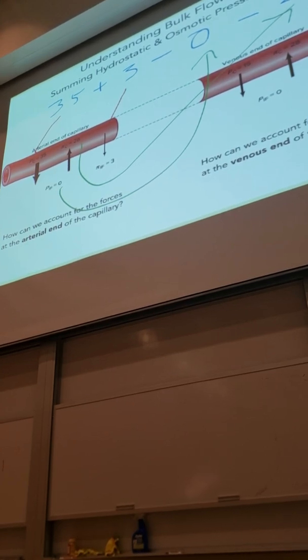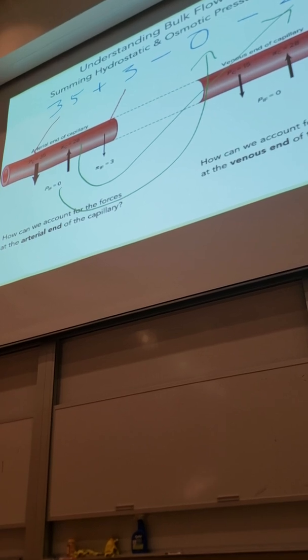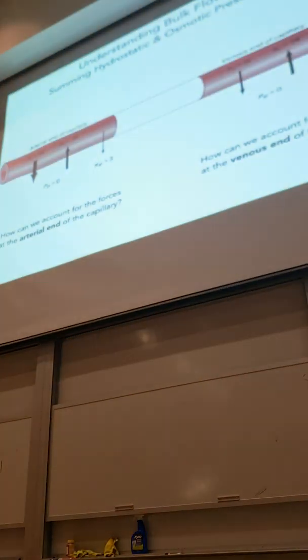We'll add those together. So together they make up 38. And then we'll subtract those that are working against it. You see? All right. So if you do this, what do you get? 10.